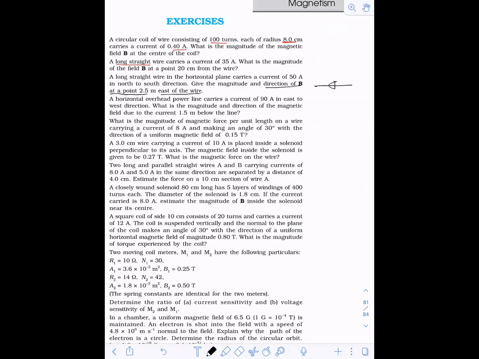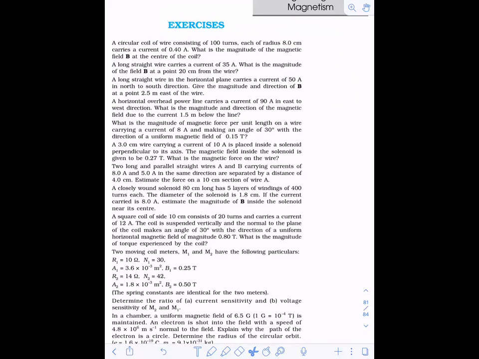What is the magnitude and direction of the magnetic field due to the current 1.5 meter below it? This is the same as question number 2 and 3. I hope you can solve this question. This is similar to that, so I'm leaving question number 4. Okay, up to you to solve.